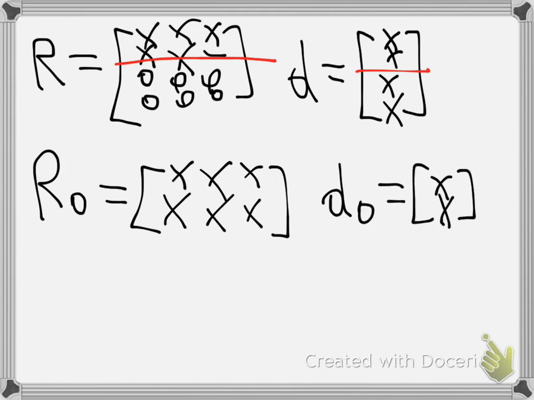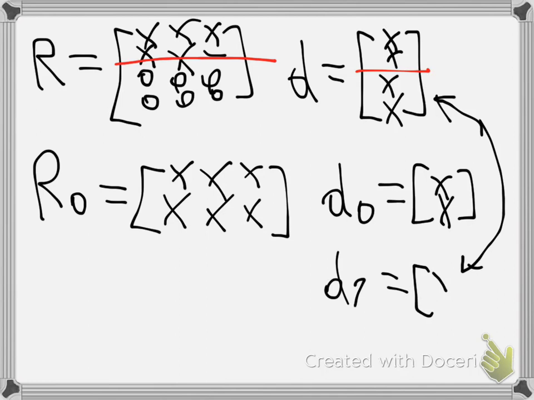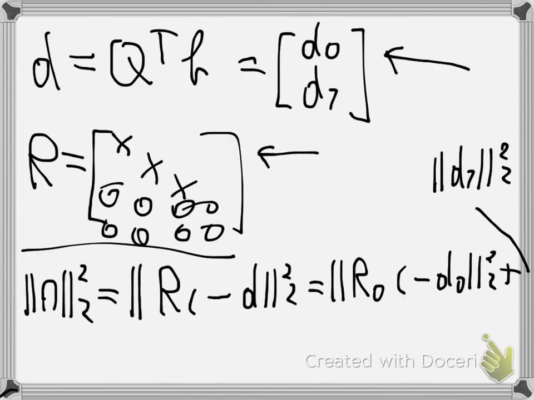D1 will be the other rows. These are the rows that we can't use because the same rows in R have only zero elements.